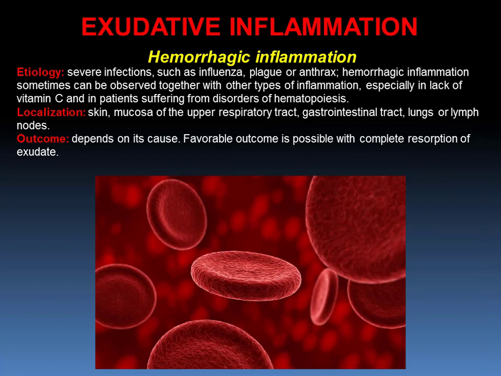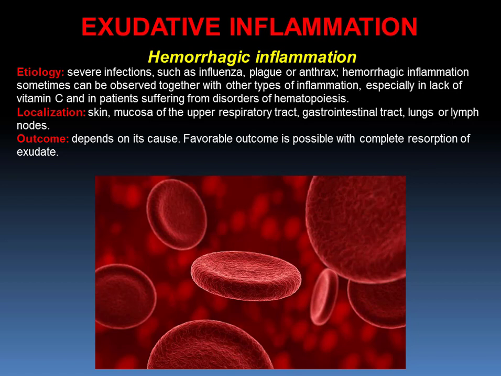Next type of exudative inflammation is hemorrhagic inflammation, and it is characterized by the formation of exudate, mainly represented by erythrocytes. The mechanism is based on a significant increase in microvascular permeability, followed by diapedesis of RBC.